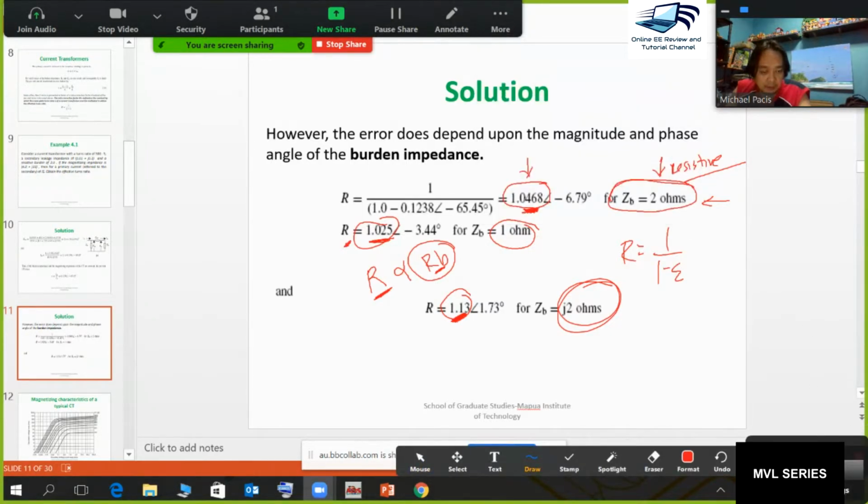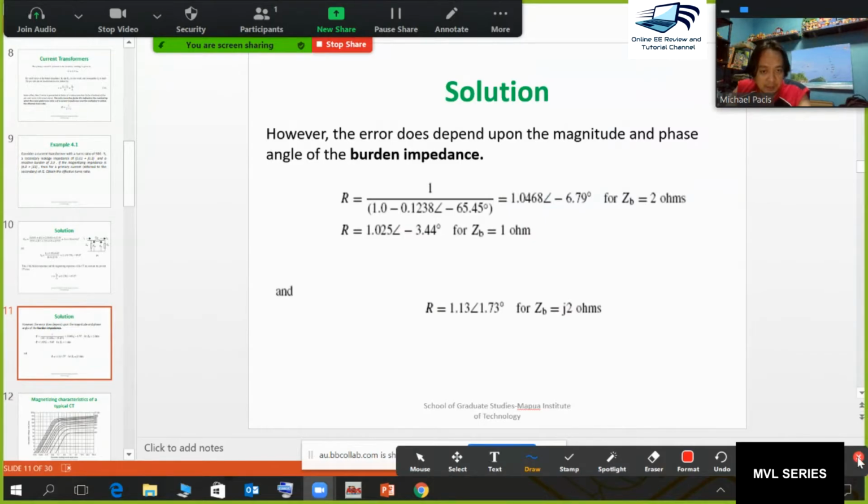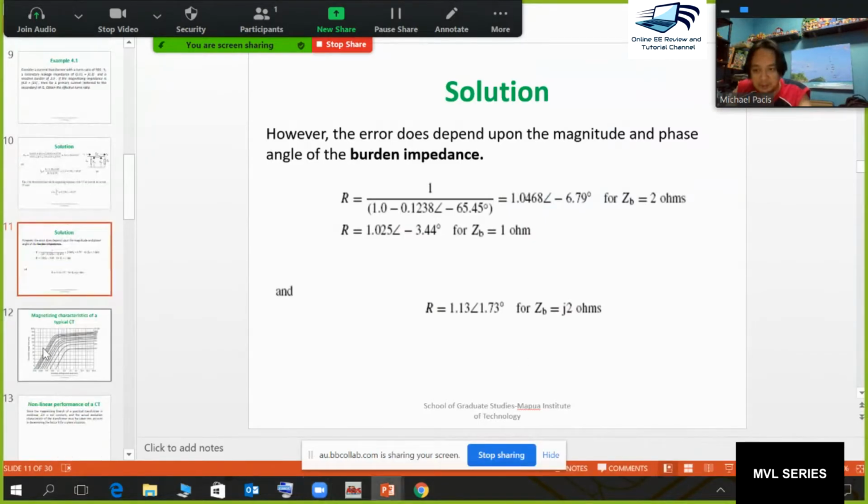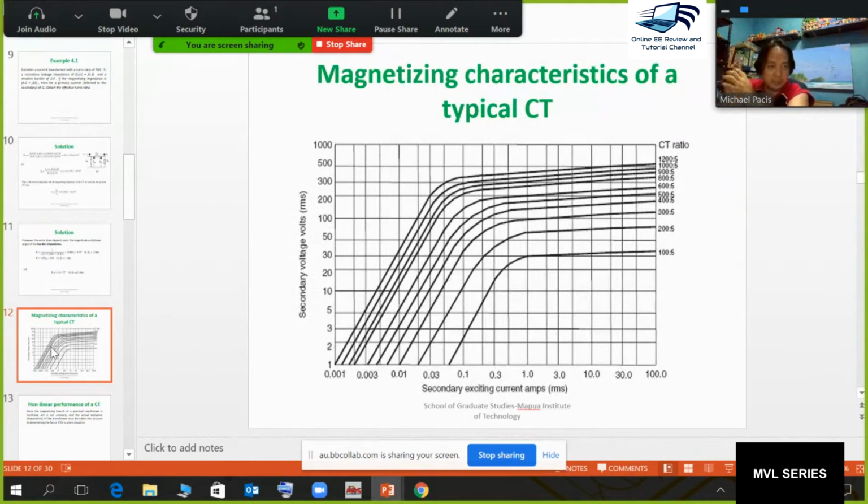Okay, now we can clear all drawings, then move forward. Now you can also design the typical CT ratio by having curves like this. So it is also the same thing as how you model a DC machine, right? You can still recall your DC machines. There are some curves there that you will use.